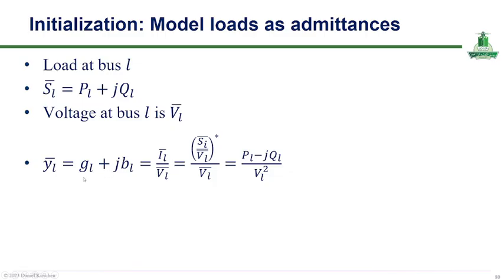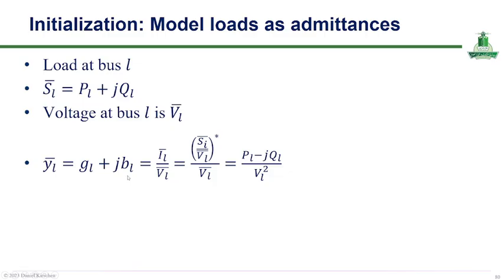The load admittance is then calculated as the ratio of current to voltage. This results in the equivalent admittance expression, Y_L is equal to G_L plus jB_L, where G_L represents the conductance and B_L represents the susceptance of the load.